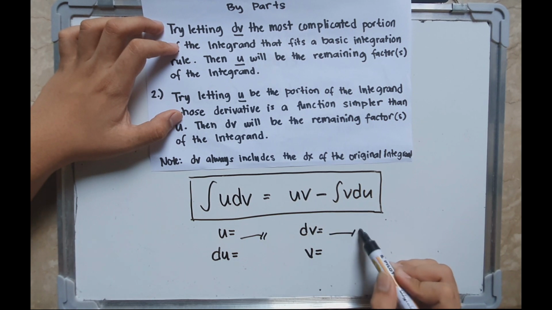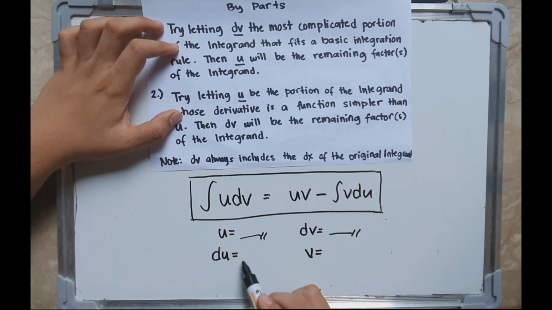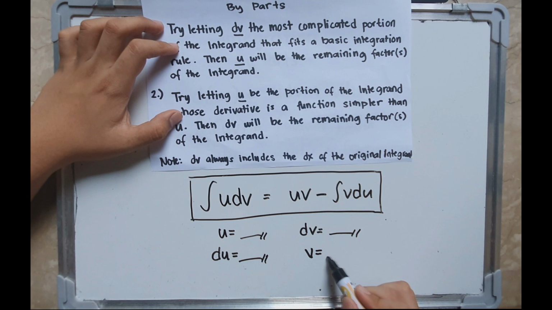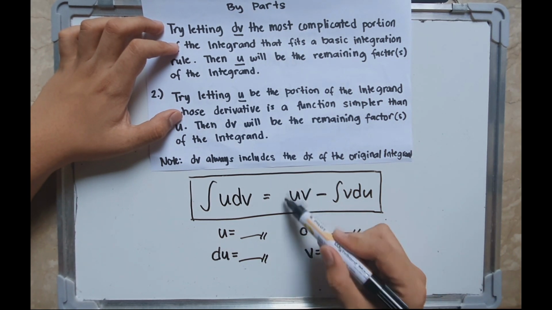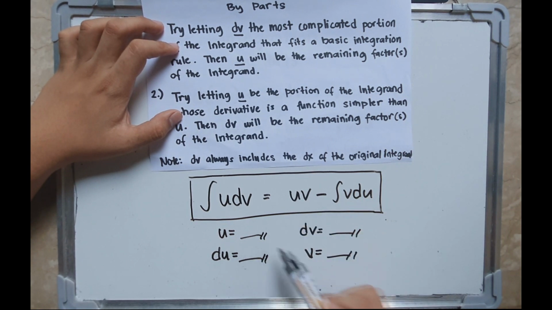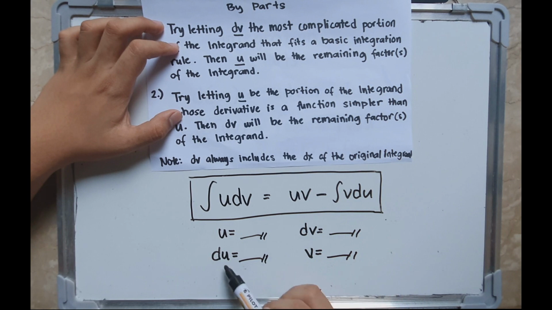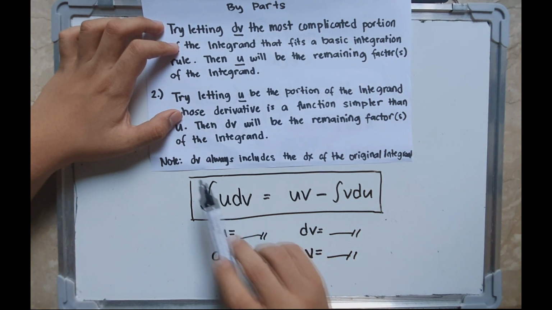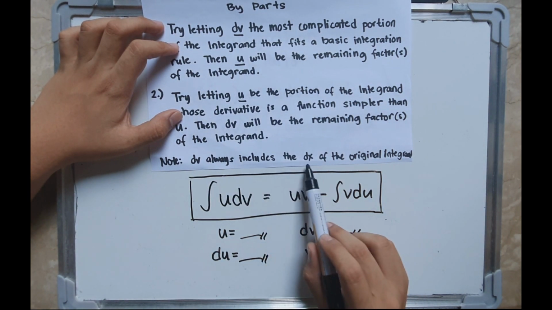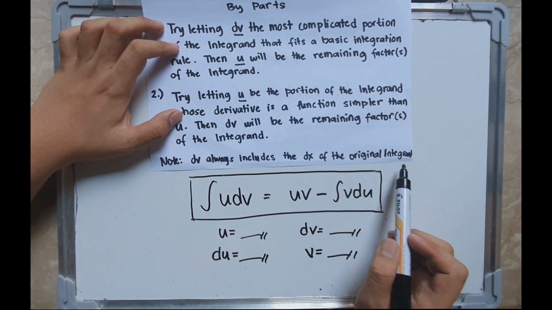What is the dv? What will be the du? What will be the v? So that we could perform this formula: u times v minus the integral of v times du.